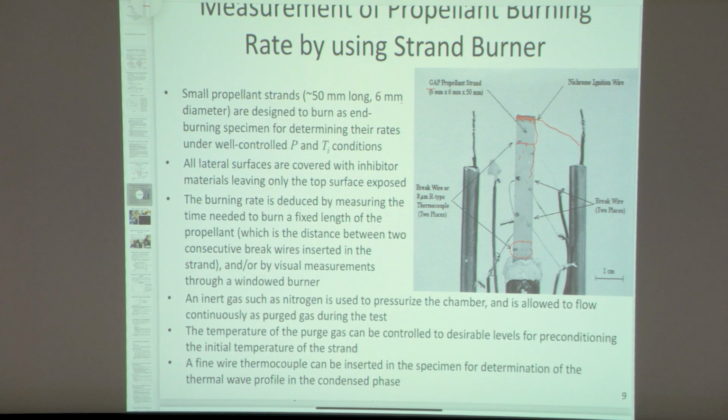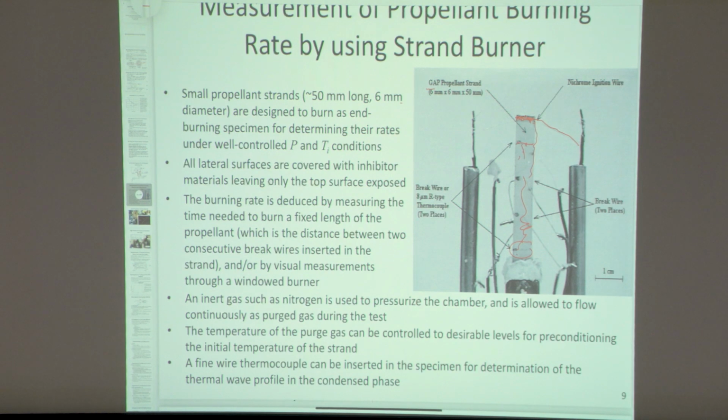Okay, as I said here, inert gas such as nitrogen is used to pressurize the chamber and is allowed to flow continuously as purge gas during the test. The temperature of the purge gas can be controlled to desirable levels for preconditioning the initial temperature of the strand. So if I wanted to measure the temperature sensitivity of the burning rate, I would change the temperature of the gas flowing through there to a higher temperature so that I maintain the temperature of the strand at a different value than just ambient.